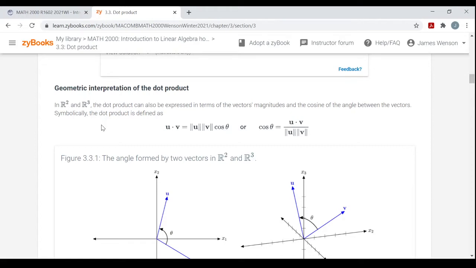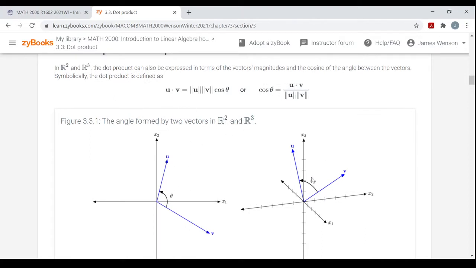It's just that in R2 and R3, it's easier to visualize what vectors look like and what the angle between them is. So you've got a couple pictures down here. And again, I highly recommend you memorize this to make your exercises very quick and easy.